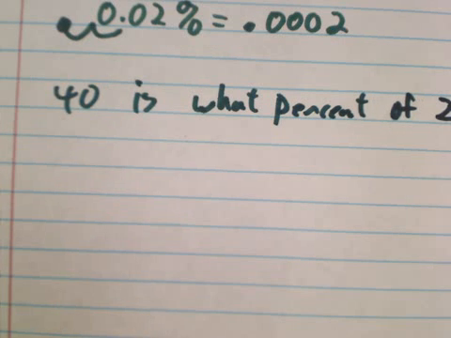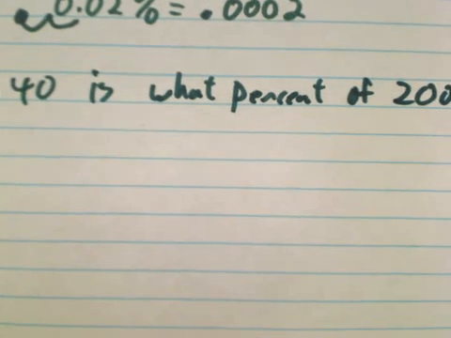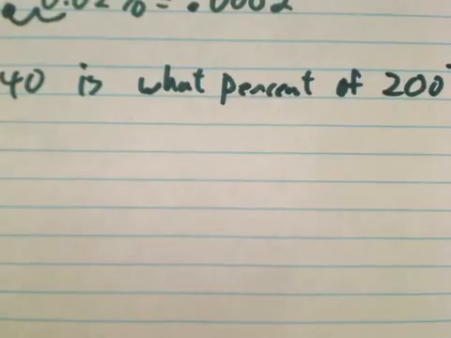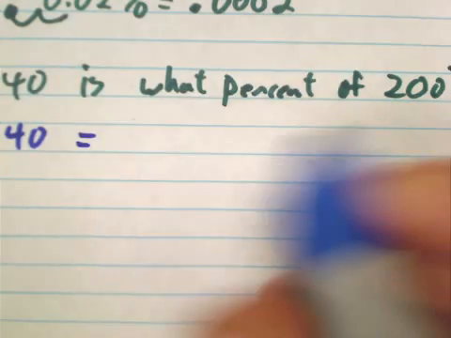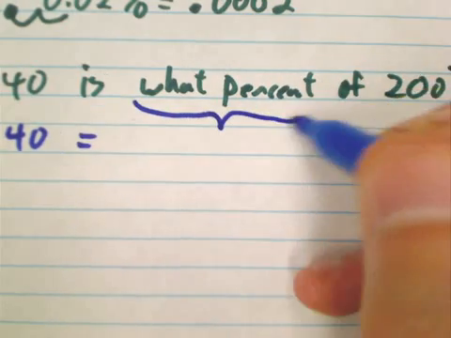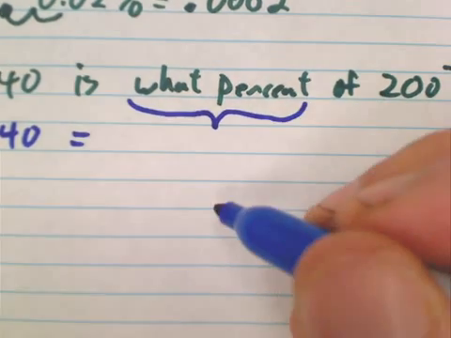To answer this question, I'm just going to go through the sentence and write it out using some algebra. So I have 40. "Is" means equals. This whole phrase, "what percent," that's going to be my variable. Because it's a percent, I'm going to call it P.